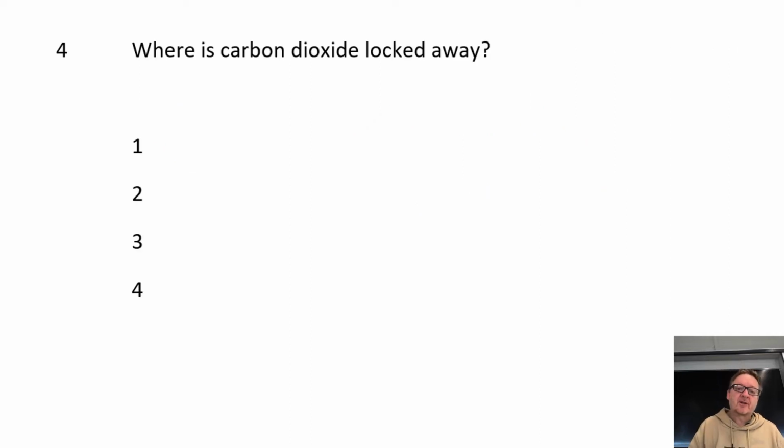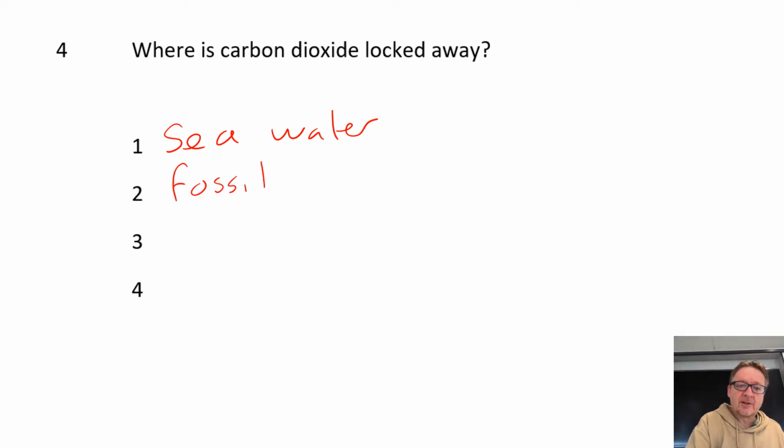Where is carbon dioxide locked away? There's loads and loads of carbon dioxide stored away by planet Earth itself. There are large amounts in seawater, huge amounts of stored carbon dioxide. There is also lots in fossil fuels, which we are obviously releasing, which is really silly.